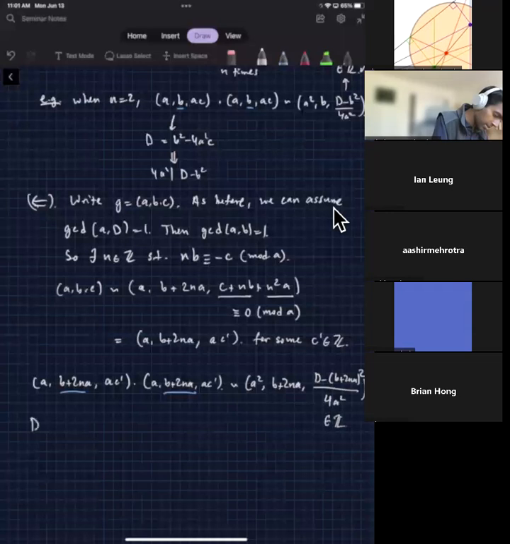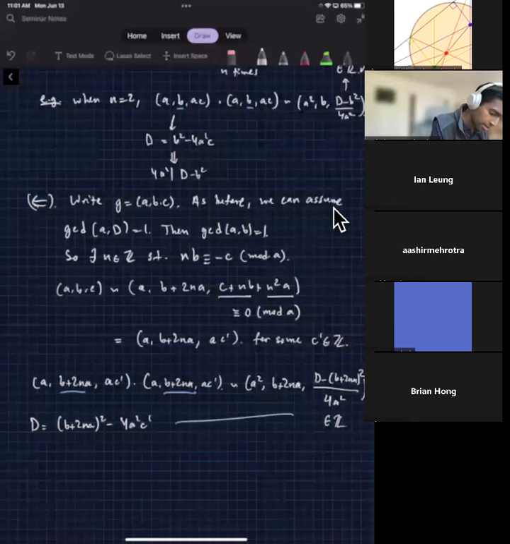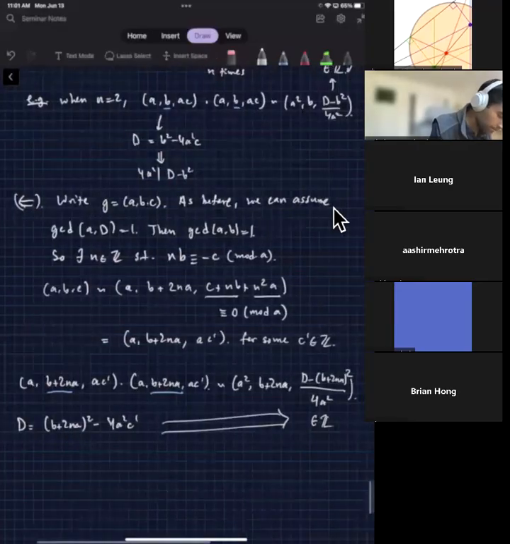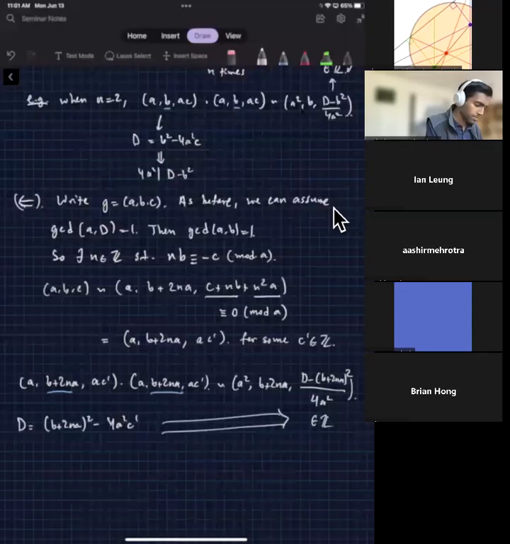So we compute the discriminant again. The discriminant is (B plus 2nA) squared minus 4A squared C prime. And so that implies what we need, that the third coefficient is an integer. Okay. So what does this prove?